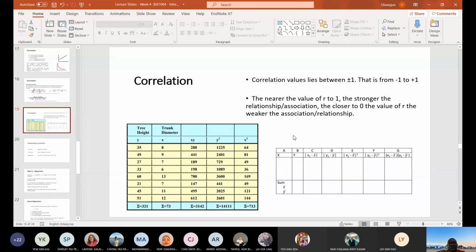So when you have a negative correlation, you have an inverse relationship. It means that an increase in one will lead to a decrease in the other. It gives us the sign that when this one is increasing, this one will be reducing.